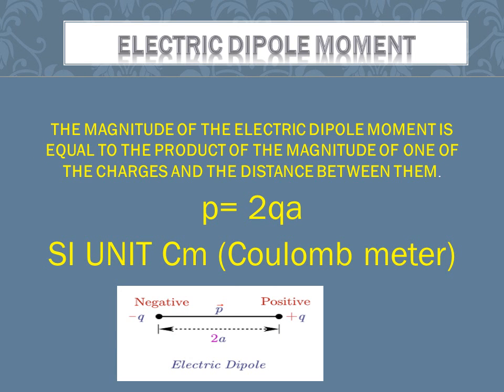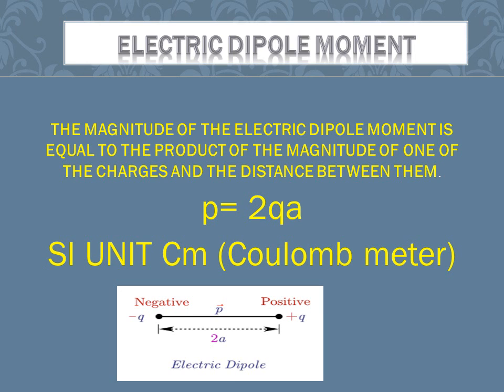Next, what do you mean by electric dipole moment? The magnitude of the electric dipole moment is equal to the product of the magnitude of one of the charges and the distance between them. That is, P is equal to 2QA.